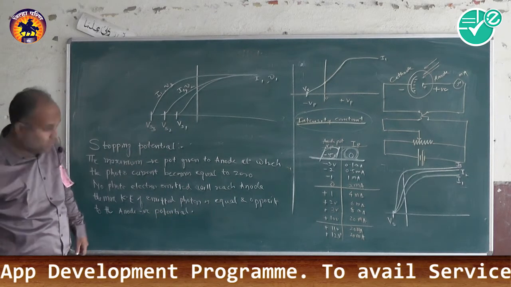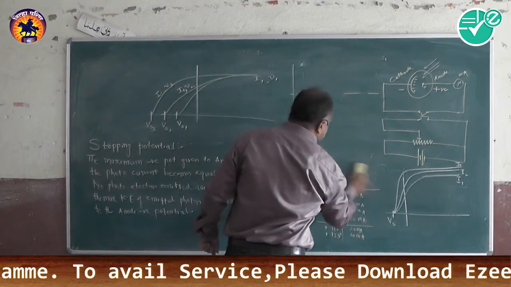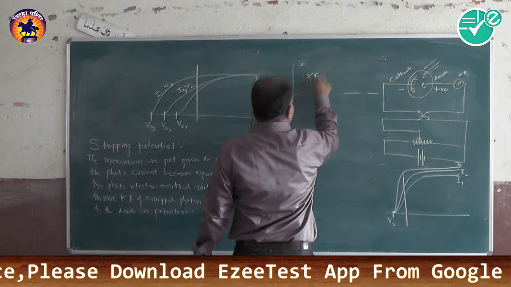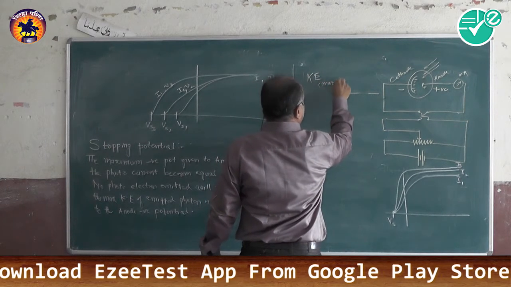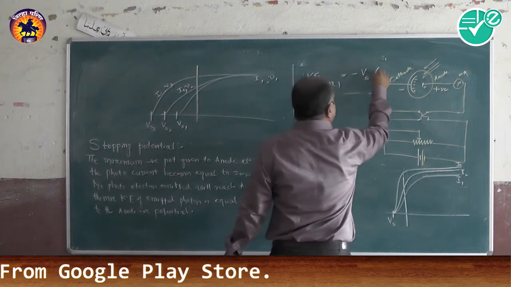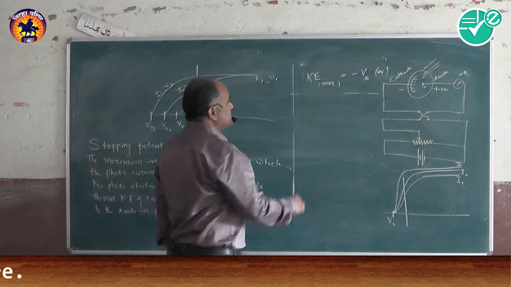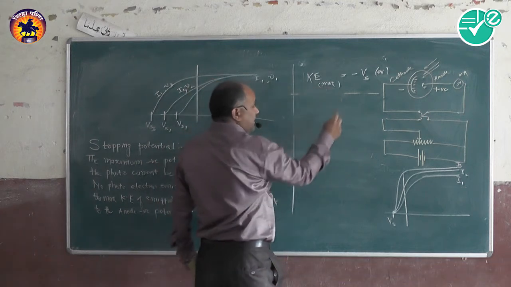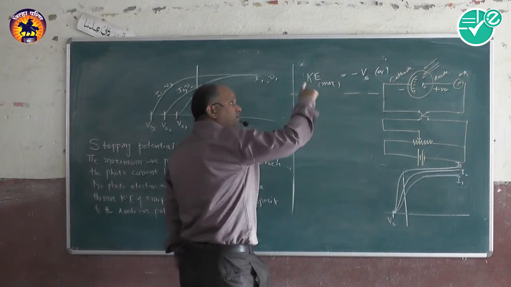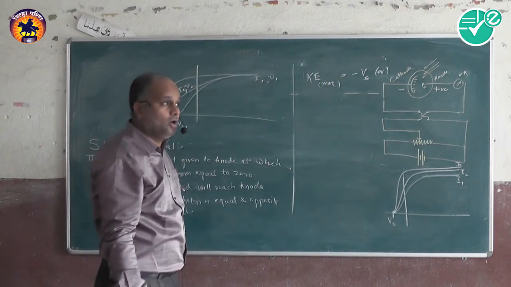What does it mean? If I write this here, the equation becomes kinetic energy max is equal to negative Vs, measured in electron volt. That means the maximum kinetic energy is equal to the stopping potential, the potential given to the anode, measured in electron volt.